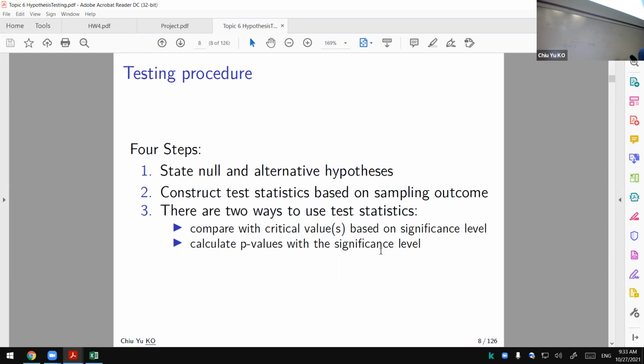So the rule is the following: if X bar is bigger than a big number here or less than a small number, if either is true, then you will reject.